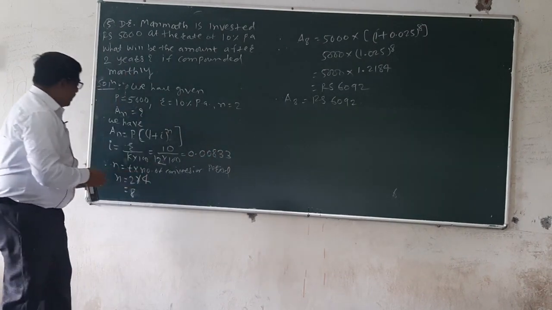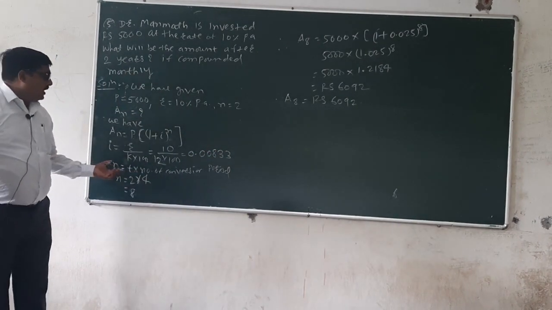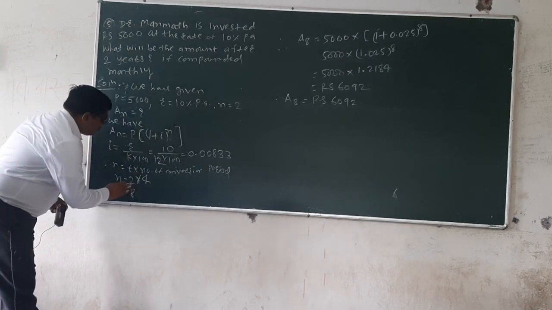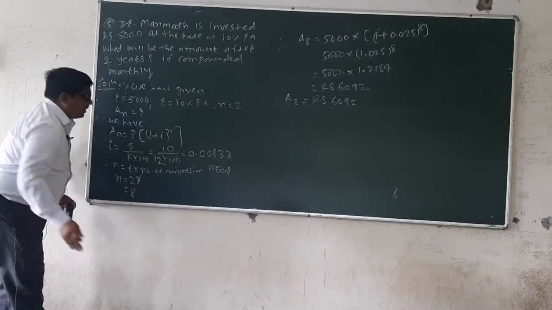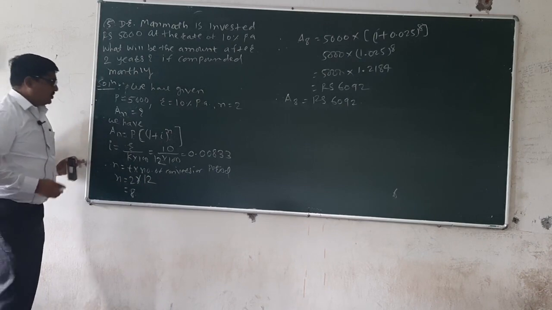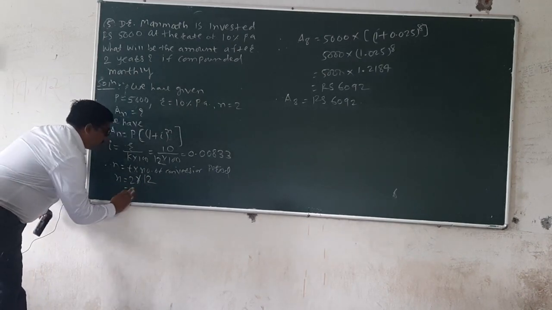Now N is T into the number of conversion periods in a year. T is 2 and the number of conversion periods is 12, so 2 into 12, 24.